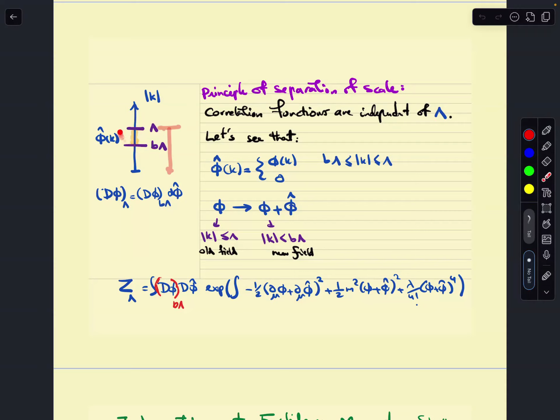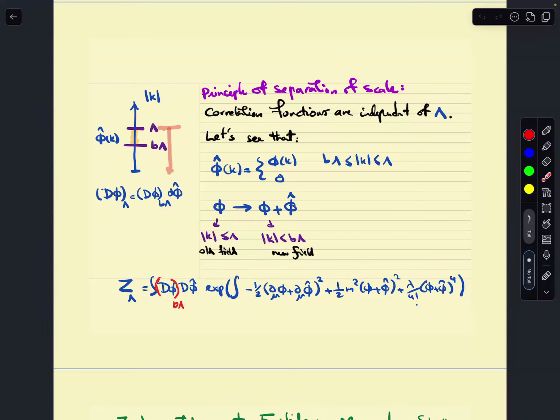And we're going to perform this part of the integral, and we're going to see that this could be recaptured in terms of the effective action. Sorry, the theory with lower cutoff will basically be the contribution. These terms are just going to change the couplings and the renormalization.